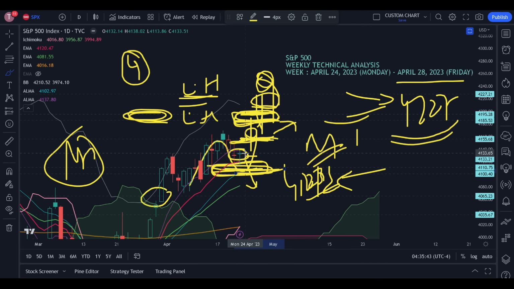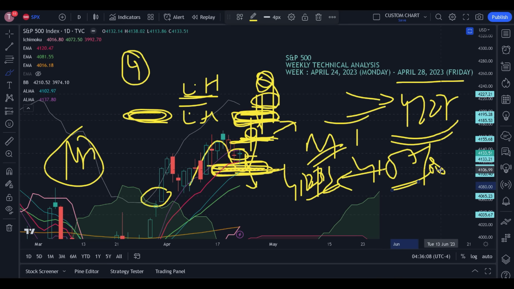Now, if on Monday for some reason there comes a downward movement, in that case the S&P 500 will find very good support here. And secondly, this support will be around 4107, I guess 4108.